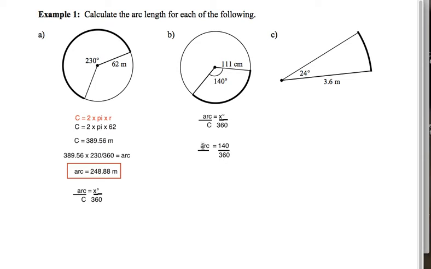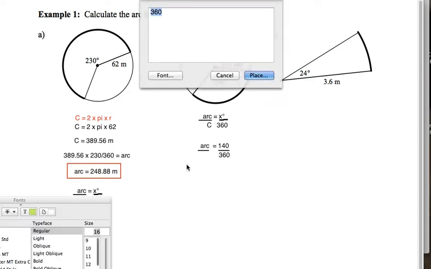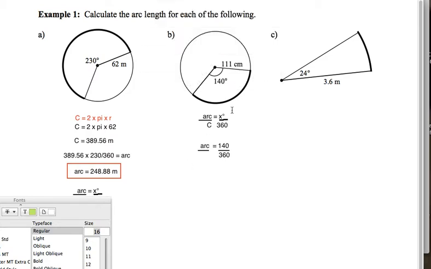And I don't know what the arc is, and I don't know what the circumference is yet, but I know that the circumference is 2 times pi times the radius. So that means I can write in 2 times pi times the radius right here. Let me do that. 2 times pi times the radius, which is 111 in this question.